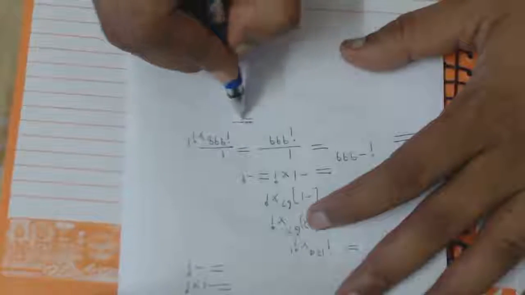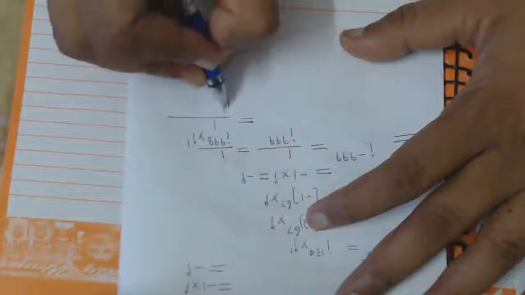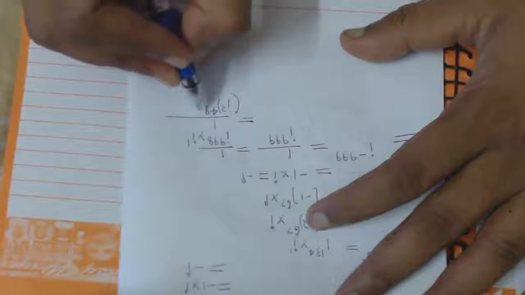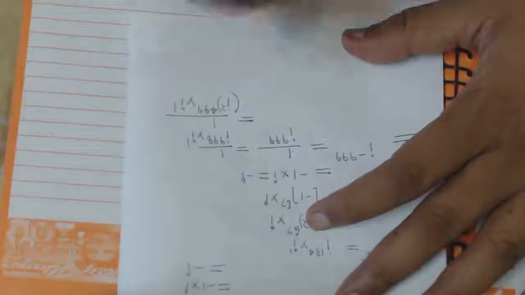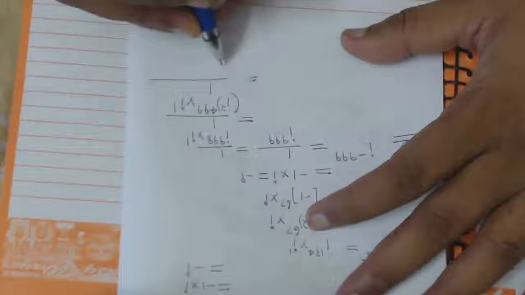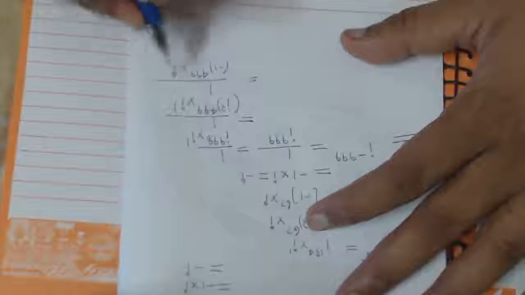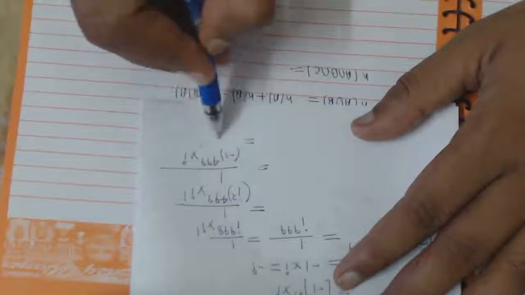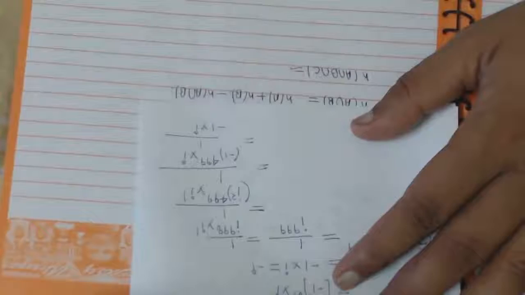Now iota raised to the power 998 is iota square raised to the power 499, into iota. What about iota square, minus 1 raised to the power 499, into iota? Minus 1 having any odd power, the answer comes out minus 1. So 1 over minus 1 times iota.